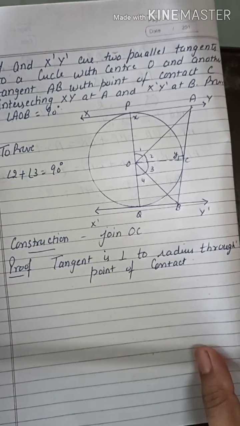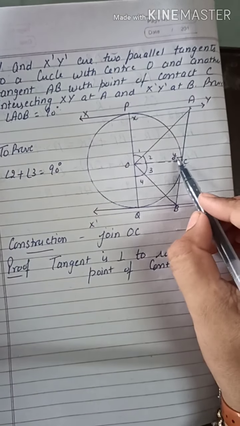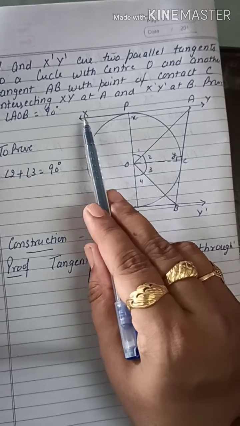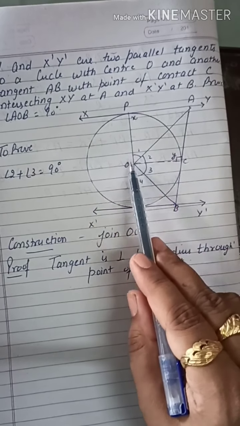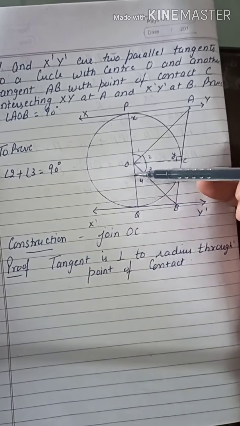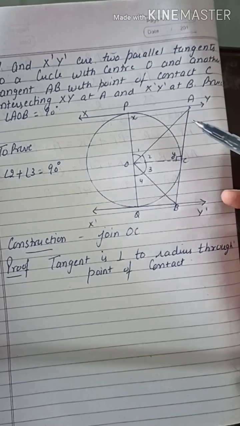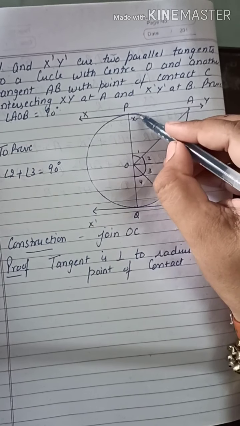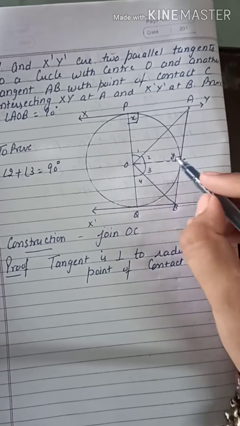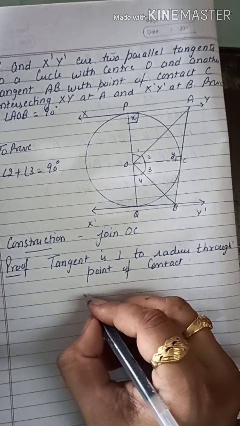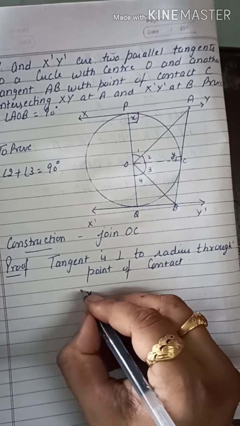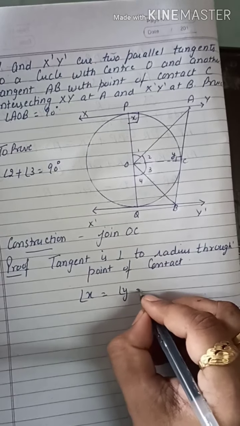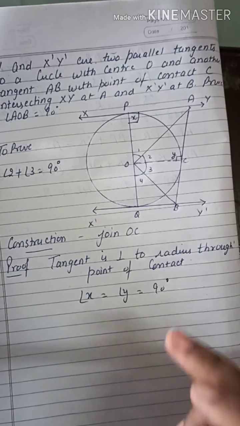So we can say this angle x and this angle y. This is also a tangent and this is also the same. OP is the radius, XY is the tangent. So I am taking this angle as x and this angle as y. So angle x equals angle y equals 90 degrees by this theorem.